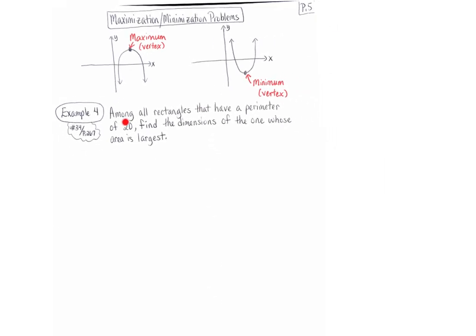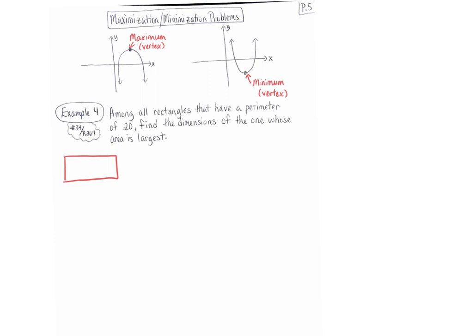Here, it says, among all rectangles that have a perimeter of 20, find the dimensions of the one whose area is the largest. Okay, so among all rectangles, if you're highly visual, what should you draw? A rectangle. Draw a rectangle whose perimeter is 20.